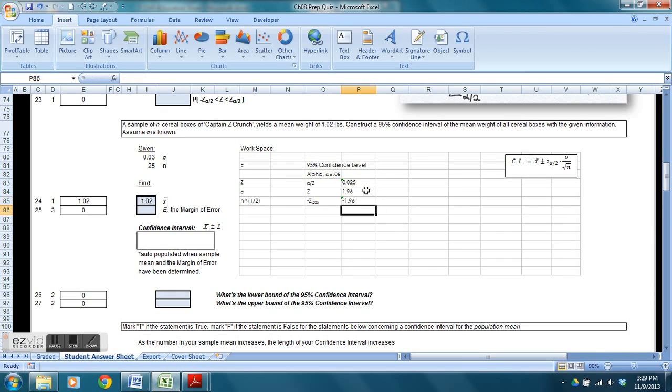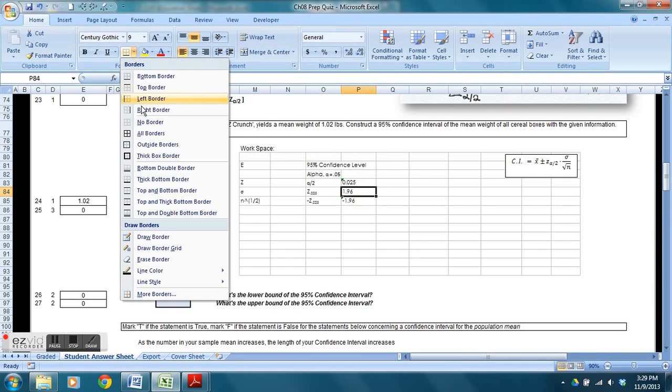And let's just make this prettier. So that's what's going on there, but all you really have to know is that your z factor is 1.96.